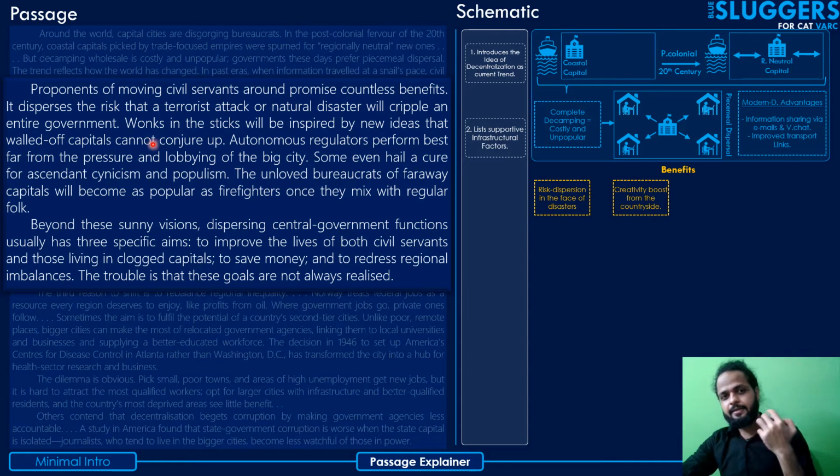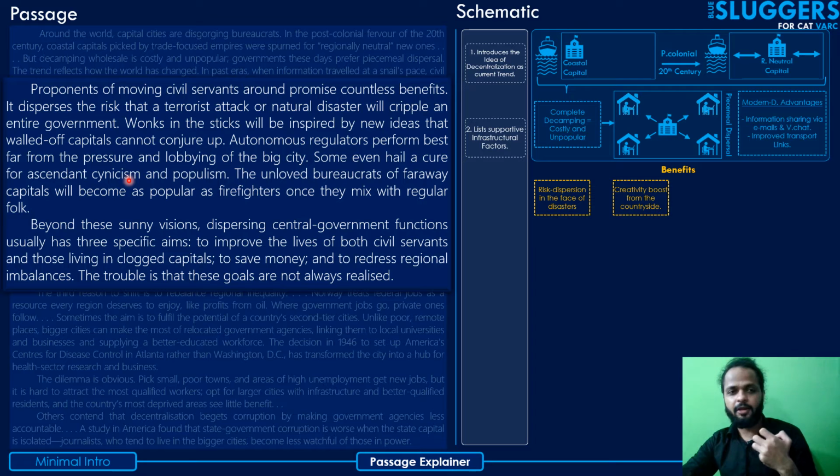So he's saying that these Wonks, the reference to the government officials, the bureaucrats here, these otherwise studious, hardworking, and not so creative people, if they live in the countryside, then they might just be inspired by new ideas and might come up with some new creative ways of doing things, right?